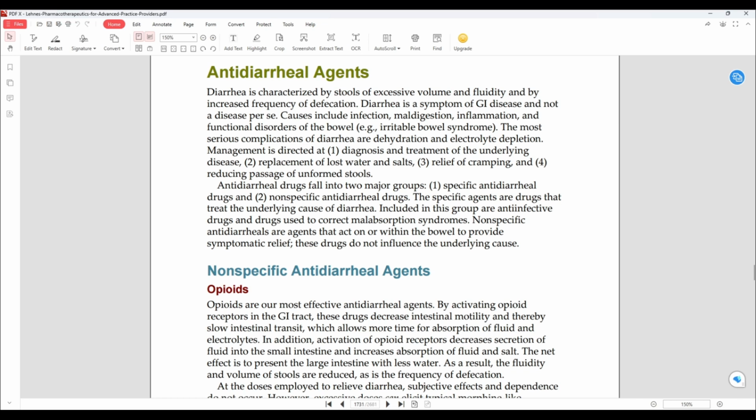The specific agents are drugs that are used to treat the underlying cause of diarrhea. Included in this group are anti-infective drugs and drugs used to correct malabsorption syndromes. Nonspecific antidiarrheals are agents that act on or within the bowel to provide symptomatic relief. These drugs do not influence the underlying cause, however.